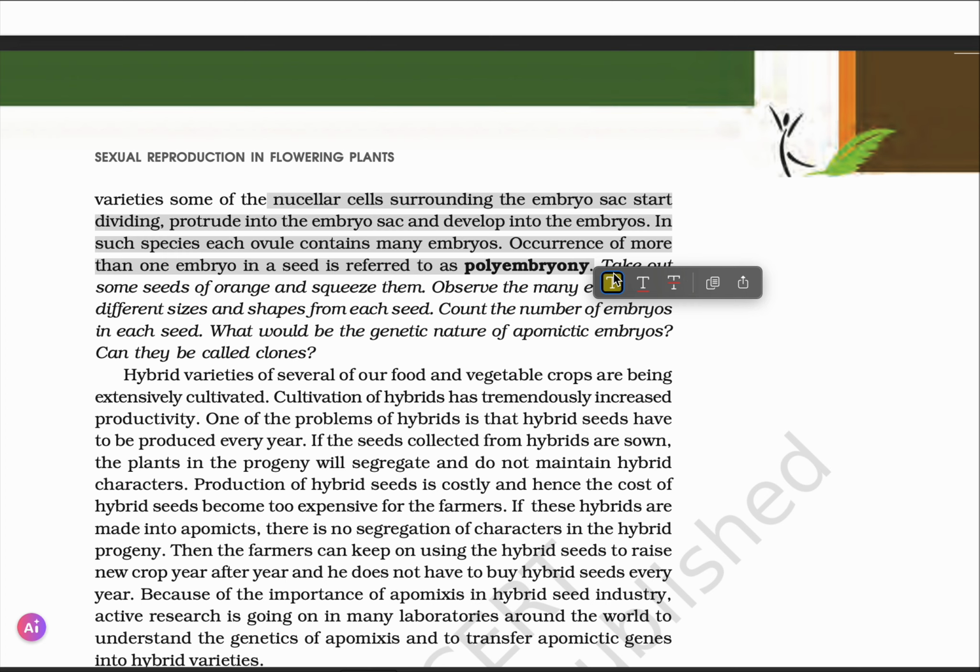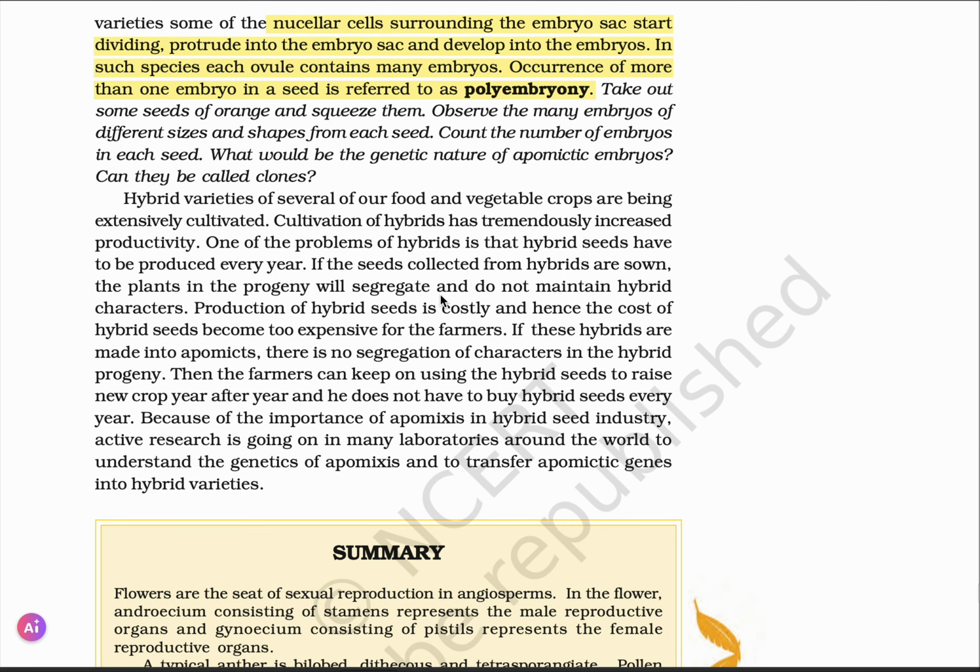Occurrence of more than one embryo in a seed is referred to as polyembryony. Now if we take some orange seeds and squeeze them, we will see many embryos of different shapes and sizes from each seed.